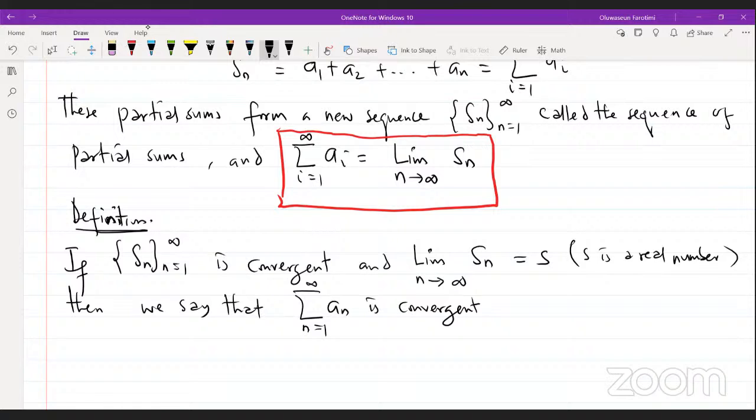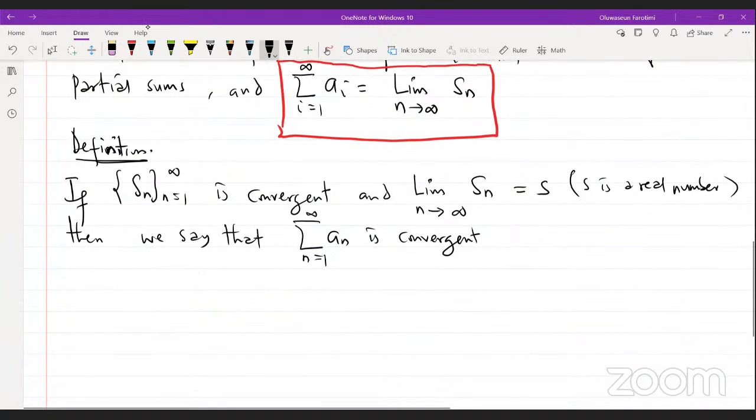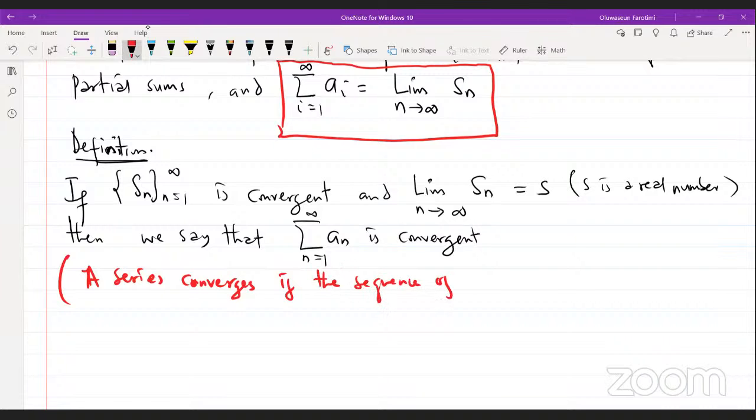So I'm going to write that down in red, in parentheses: a series converges if the sequence of its partial sums converges.